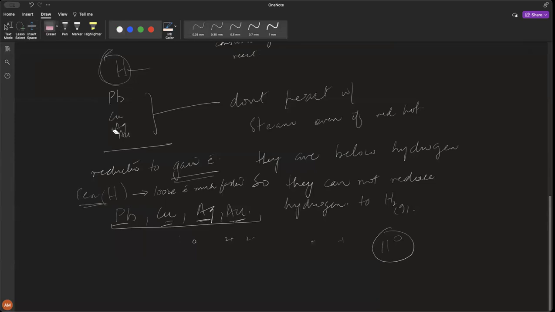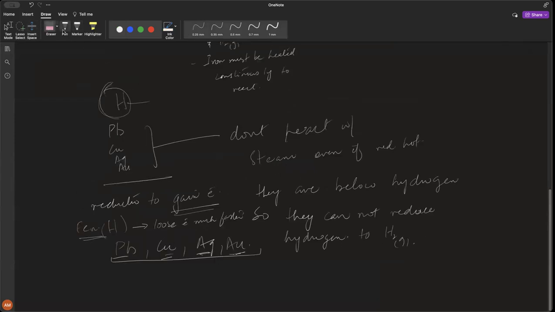Why do they not react with water? We'll see that they do not even react with acids.